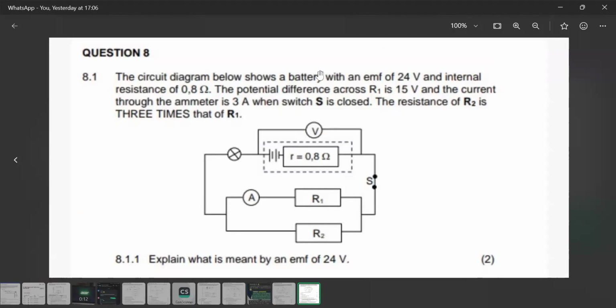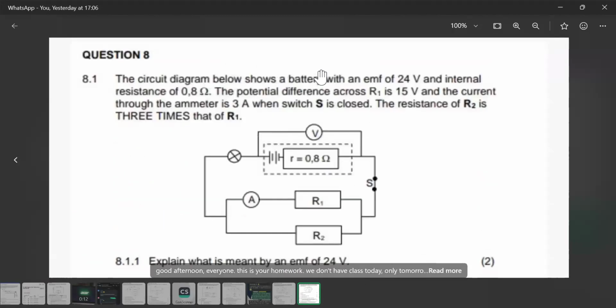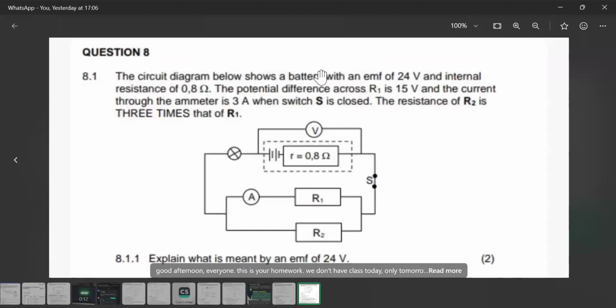Even though we don't know the resistance of the bulb, we can see that this bulb is connected in series, which means the current that passes through this bulb is just going to be the main current, the total current. So that's what they're actually asking us to do here.